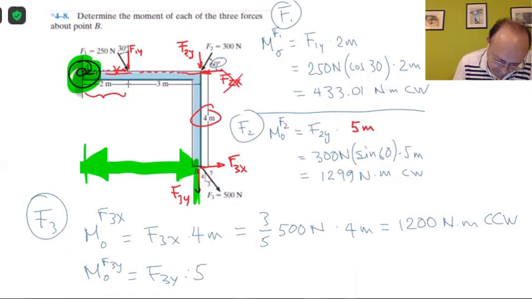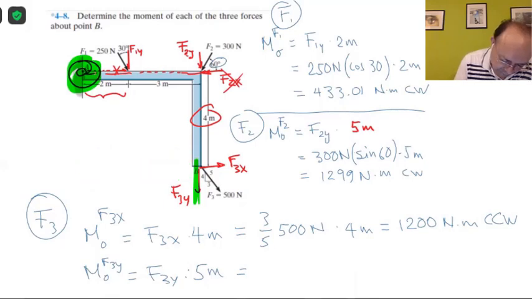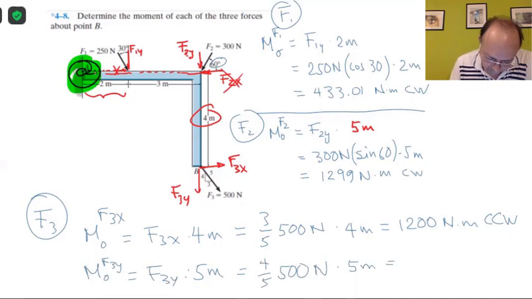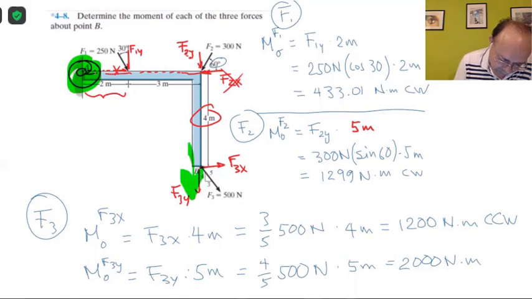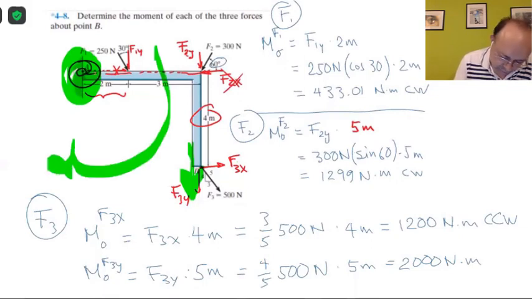So it will be force F3y, given this 3, 4, 5 triangle here, 500 times 4 over 5, 4 over 5 times 500 newtons, times 5 meters, equals 2000 newton meters, and this force goes in this direction. So with respect to this point, it's going to do rotation clockwise. So this one will be clockwise.